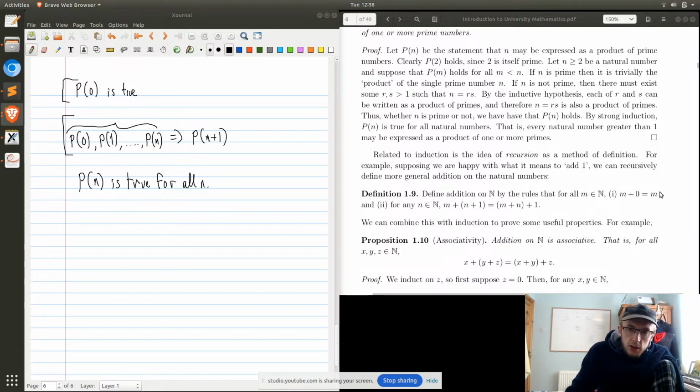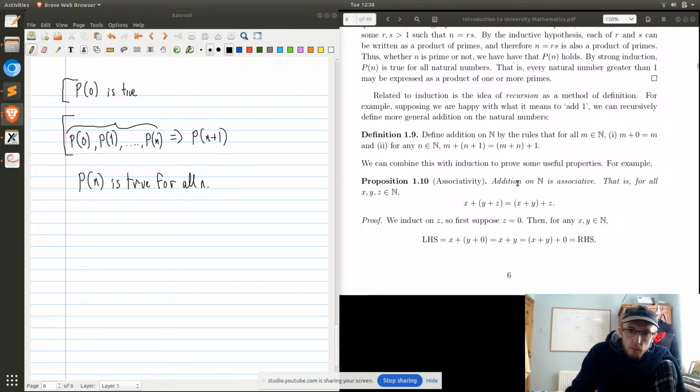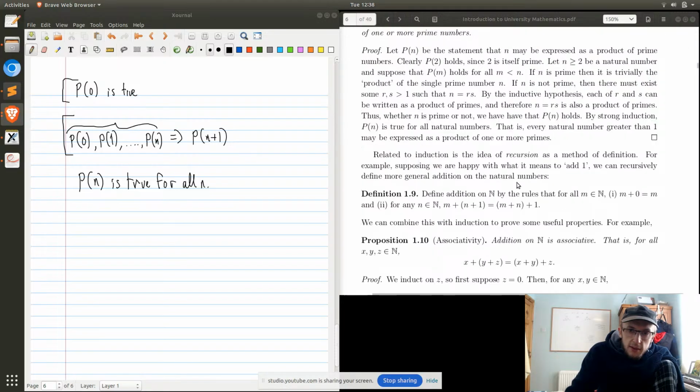Okay, that's logical because it's the identity. And two, for any n, m plus (n plus 1) is equal to (m plus n) plus 1. Okay, so that's kind of cool.